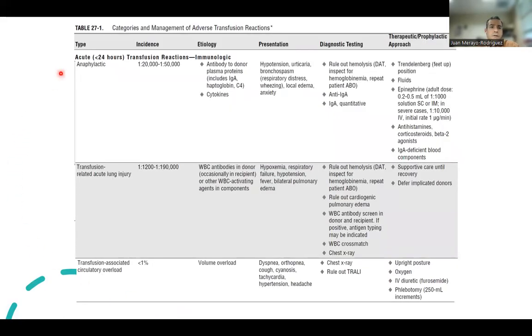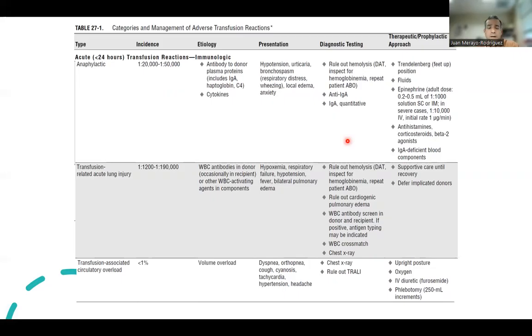Continuing with acute transfusion reactions, immunologic type, anaphylactic reaction is about 1 in 20,000 to 1 in 50,000. And the etiology is antibody to donor plasma proteins that may include IgA, haptoglobin, or complement, as well as cytokines. The presentation is hypotension, urticaria, bronchospasm with respiratory distress and wheezing, local edema, and anxiety. For diagnostics, we can rule out hemolysis with DAT, inspect for hemoglobinemia, and repeat the patient ABO.